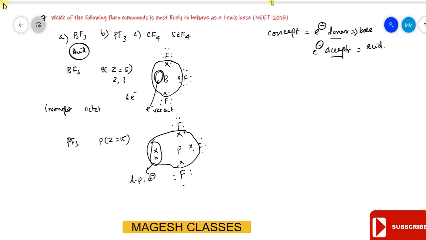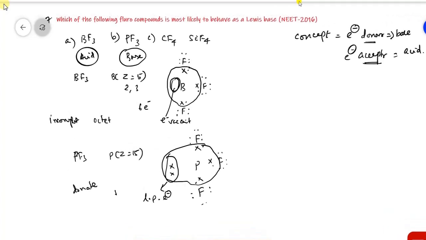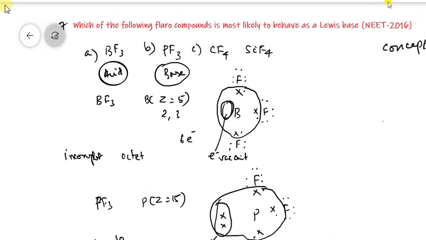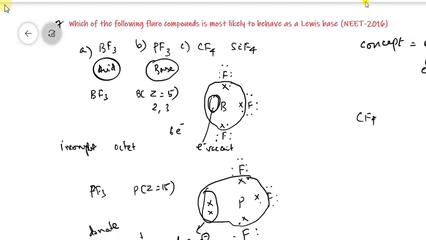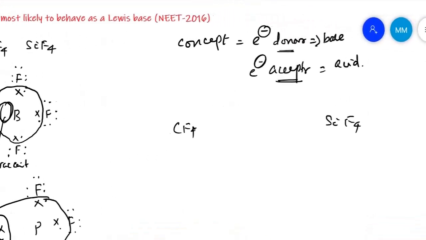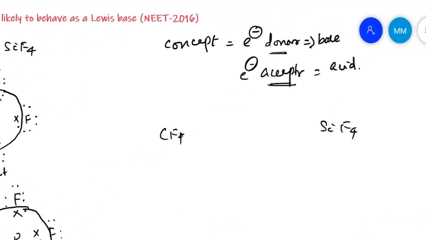Due to the lone pair, it has the ability to donate the electron, so it is a base. So PF3 is the base. Then carbon tetrafluoride and silicon tetrafluoride, C and D. So your answer is B. The compound most likely to behave as a Lewis base is phosphorus trifluoride.